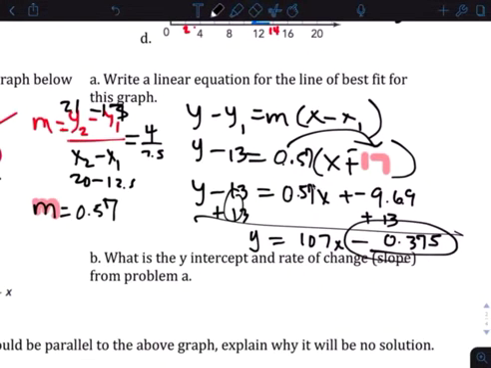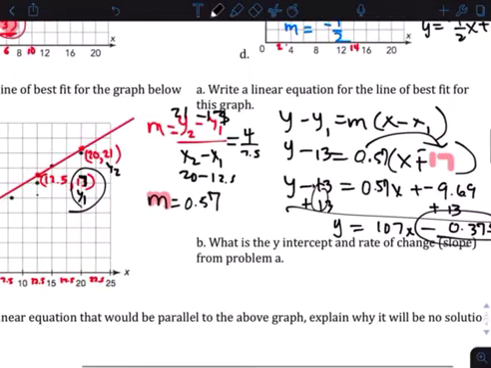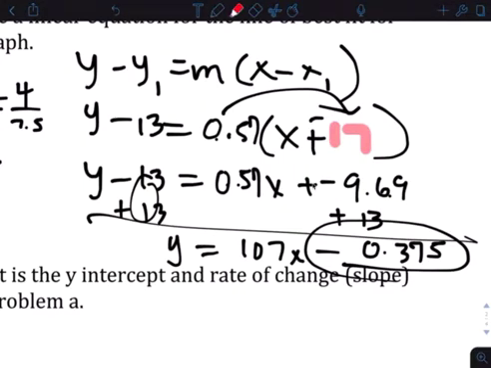Oh no, not add 13. X1 is 12.5. Add 17 to both sides.